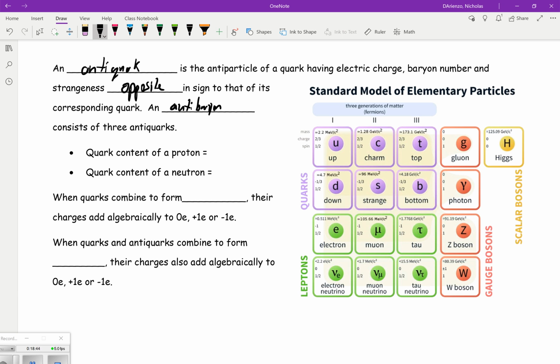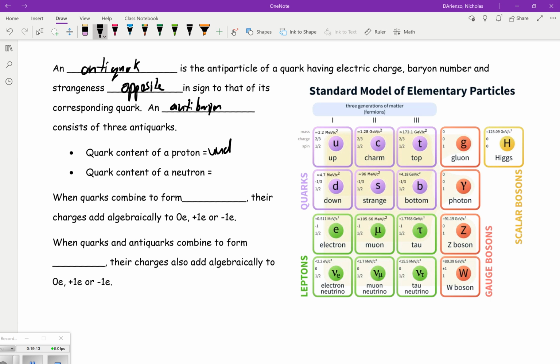Now, if we take a look at the quark content of a proton, to make up a proton, we need 3 quarks, since the proton is a baryon. And those 3 quarks are going to be the up and the down. And in fact, we're going to need 2 ups and 1 down.